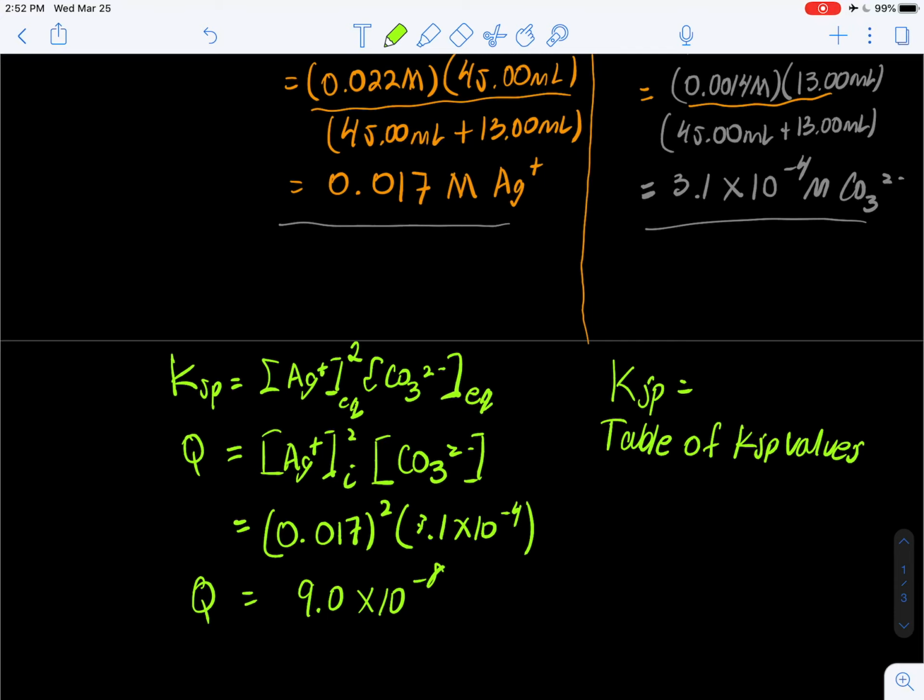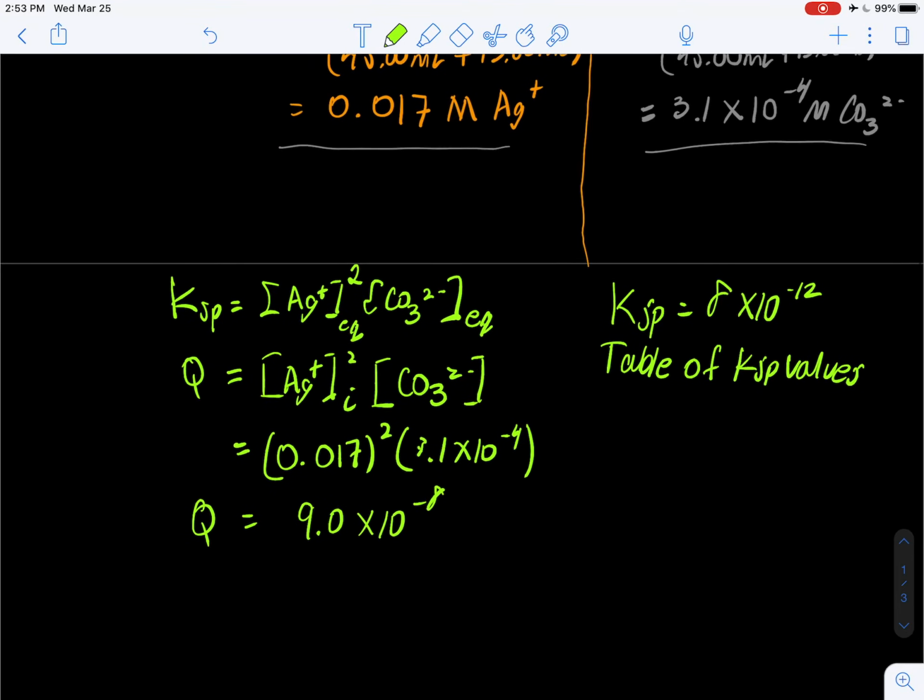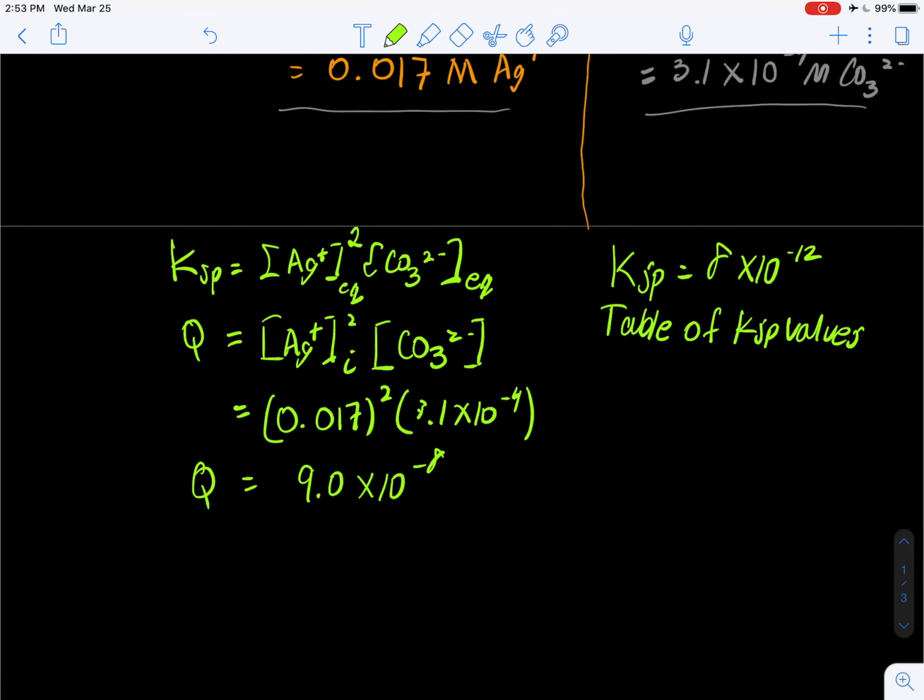Okay. So Ksp values for silver nitrate solubility product constants. Silver carbonate is 8 times 10 to the minus 12. All right. And it looks like Q is less than that, so precipitation will not occur.